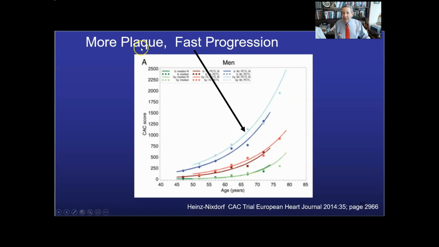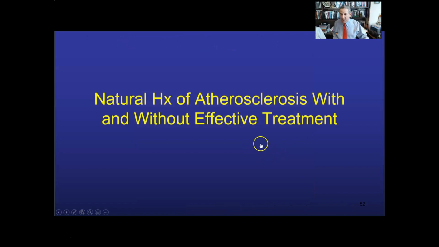And it turns out those who started with more plaque, a lumpy, bumpy, abnormal flow, had faster progression. Those who started with less plaque, less lumpy, bumpy, more laminar, not as atherogenic or thrombogenic, they had slower progression. So this really supports the hypothesis.